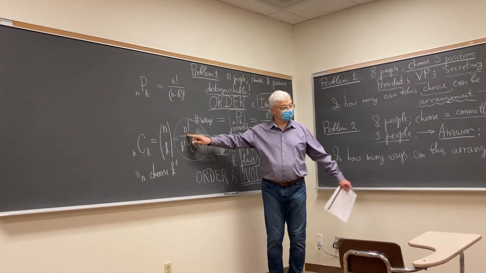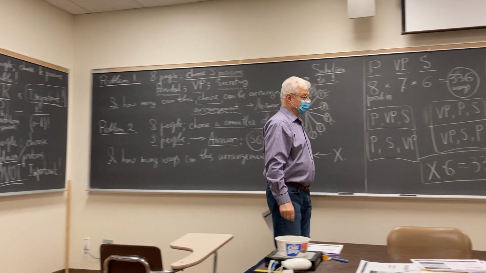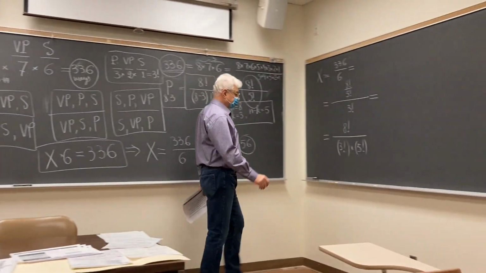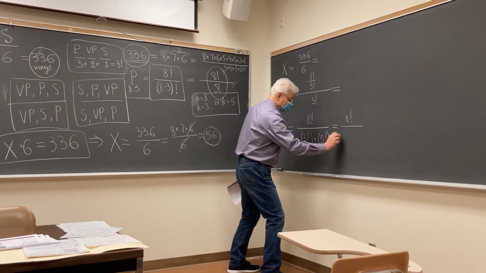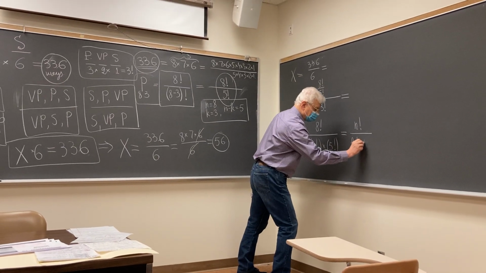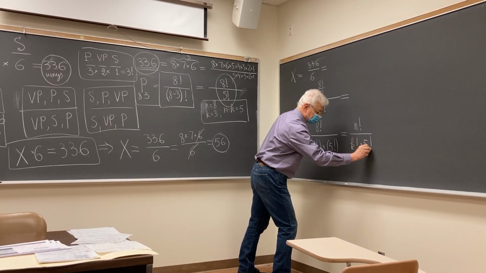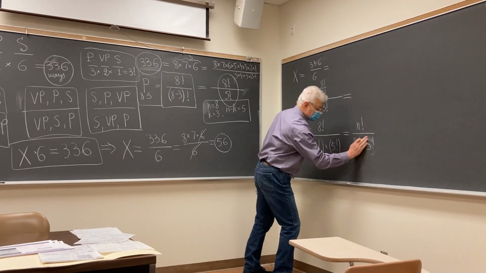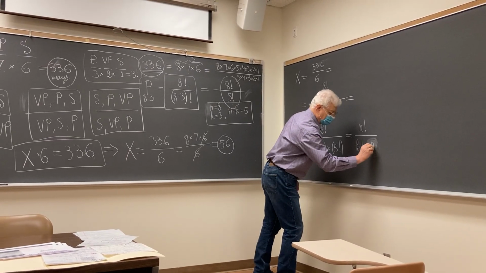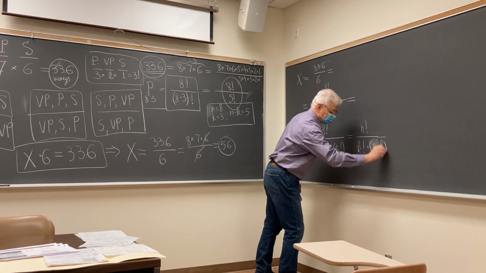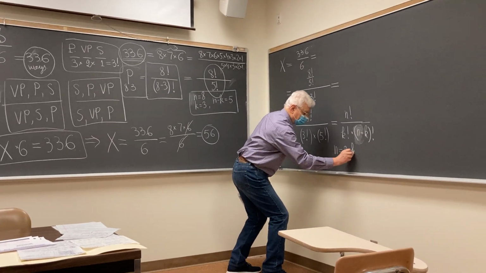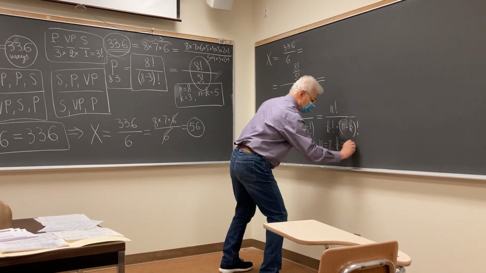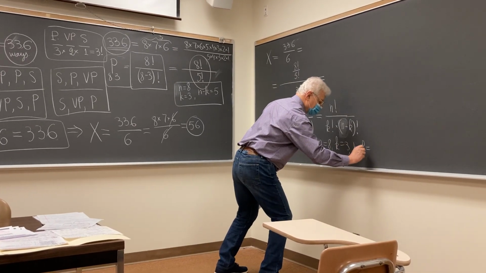If n equals, okay, in this case, what do we have? We have here n factorial over k factorial times 5 factorial. Let me omit, times n minus k factorial. So in this case, n equals 8, k equals 3, and n minus k is 5.